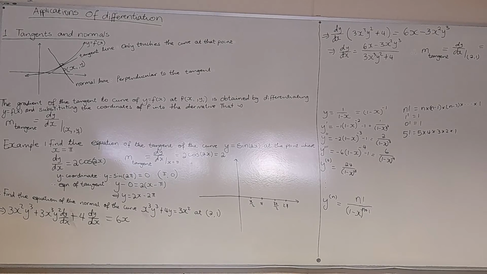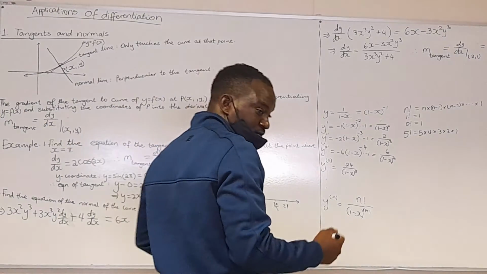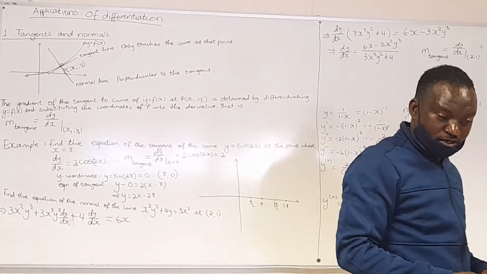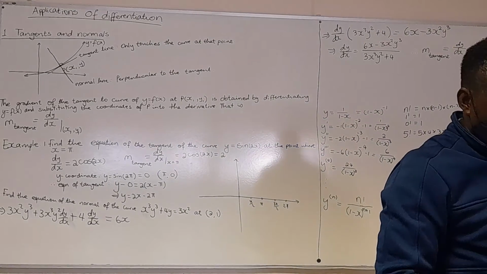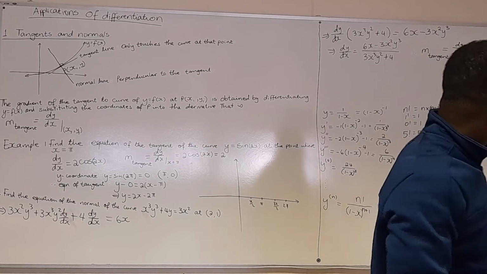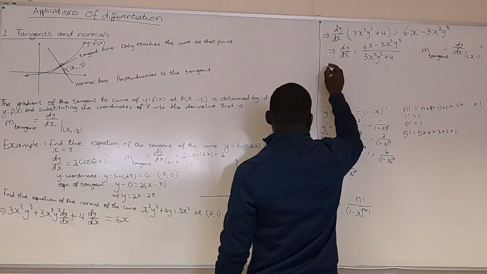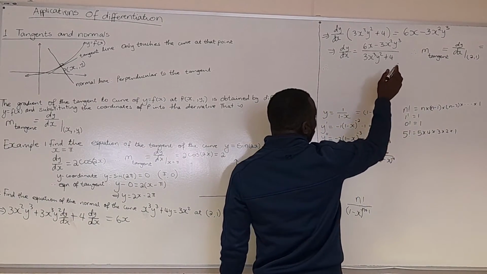So the normal will be what? It will be parallel to the y-axis, and lines parallel to the y-axis are vertical lines. So therefore that means, here is the point (2, 1).